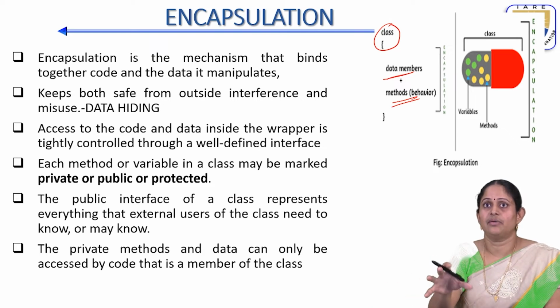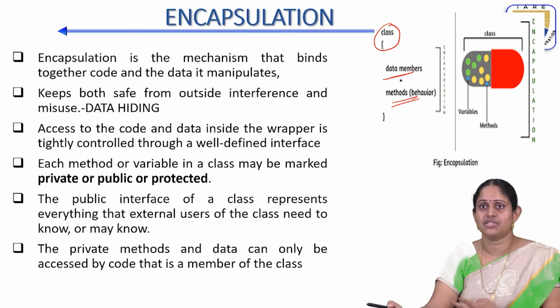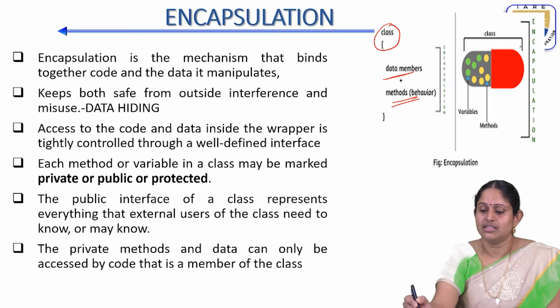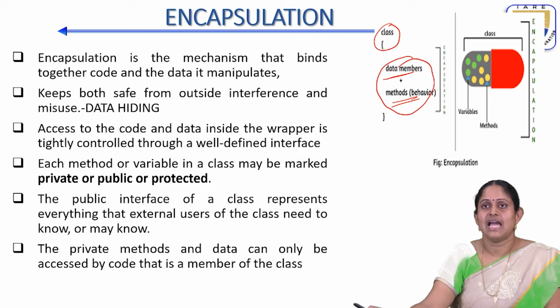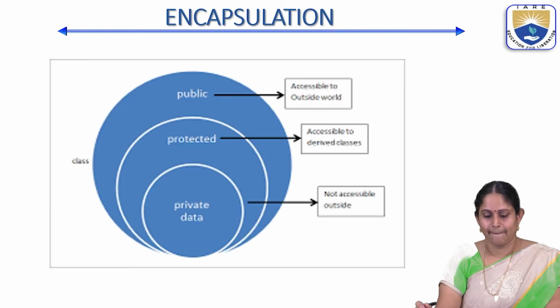So this allows data hiding and provides much better protection of data. This whole class encapsulates all the data members and the methods together into it. It acts as a wrapper.